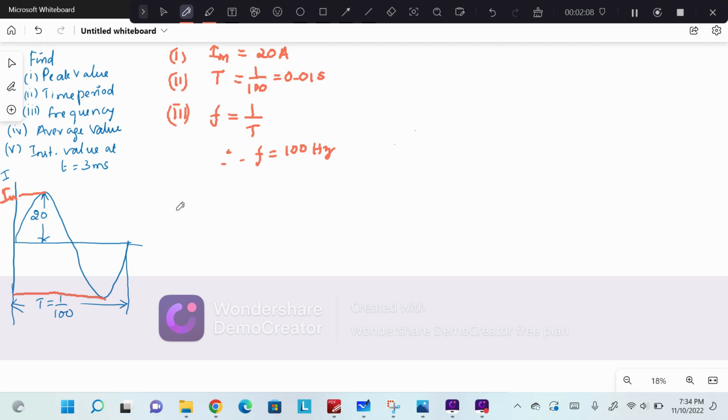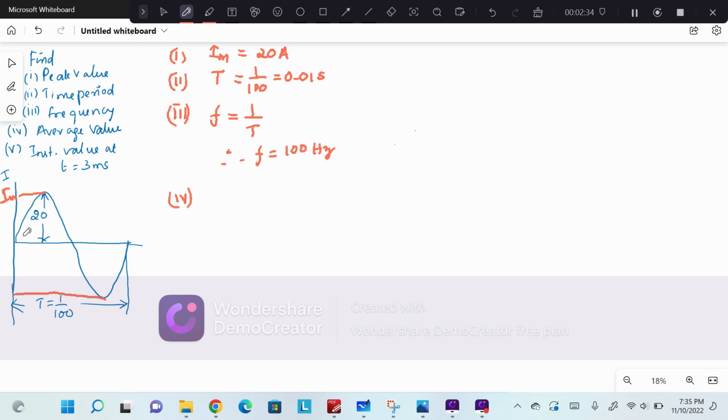Then comes the average value. The alternating quantity is varying. It starts from 0, increases in the positive direction, goes to positive maximum, and then it reduces in the positive direction, goes to 0. Then again it increases in the negative direction and reaches back to 0.